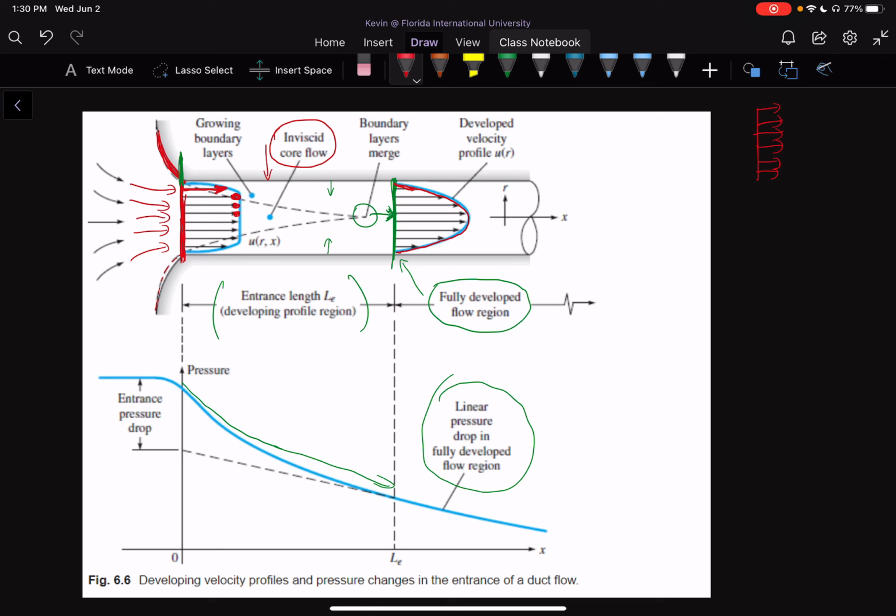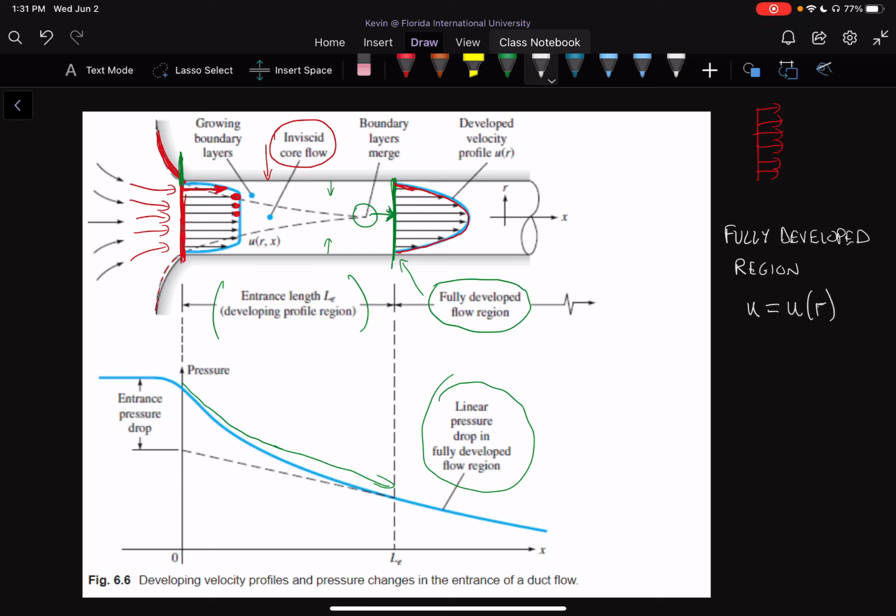So we can say that in the fully developed region, our u, which is our velocity, is going to be a function of r.